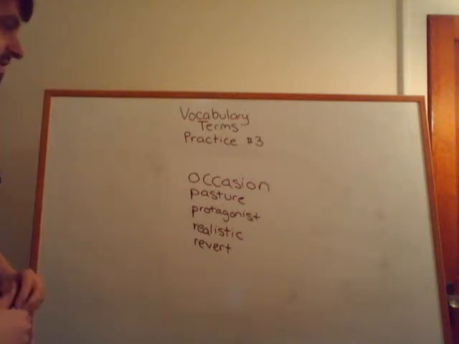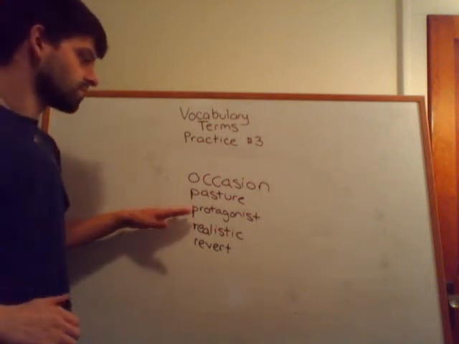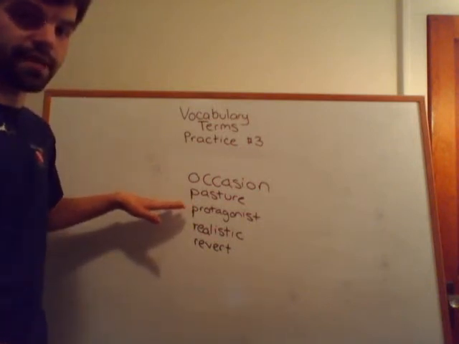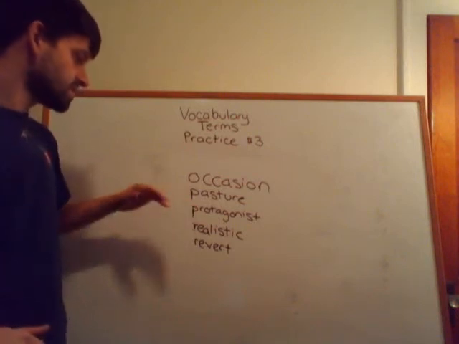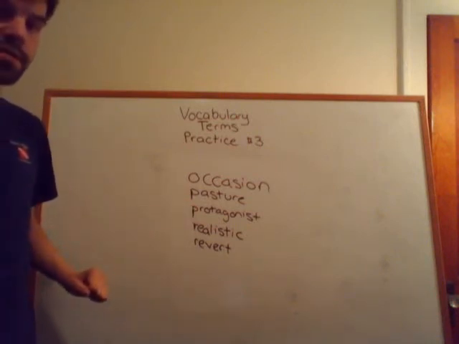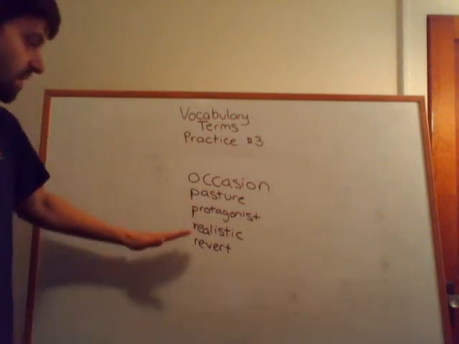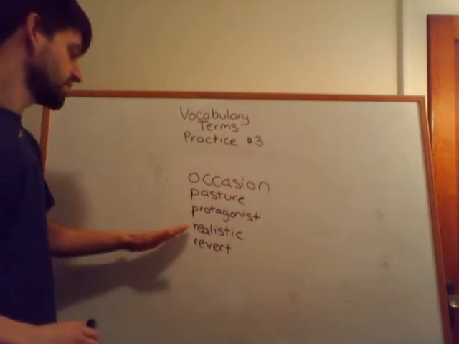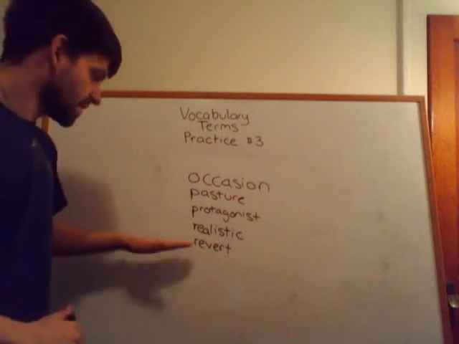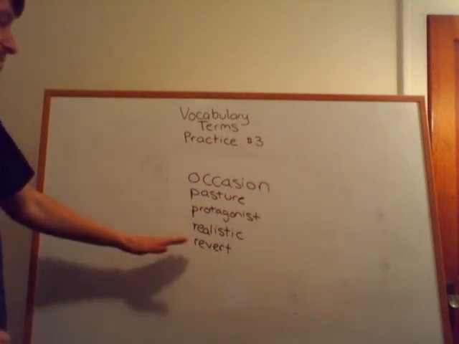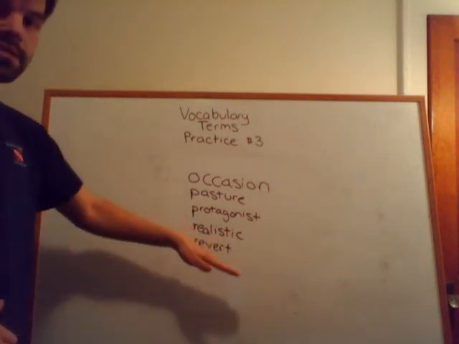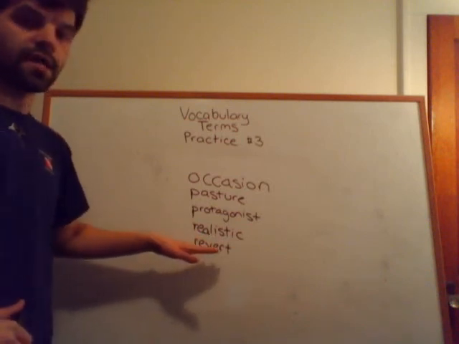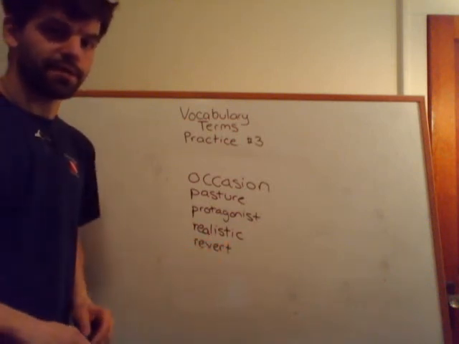A protagonist is the main character or one of the lead characters in a fictional text, or it also means an advocate or champion to a particular idea or cause. Realistic is having sensible or practical ideas of what can be achieved or expected. And revert means to return to a previous state or to reply or respond to somebody.